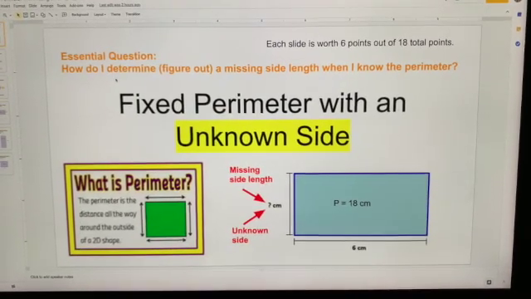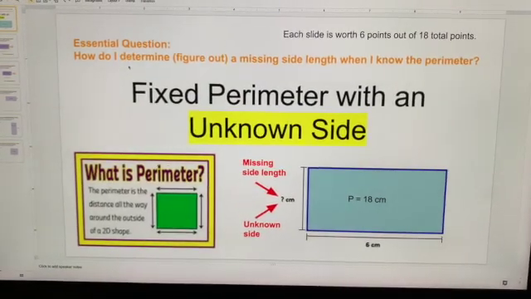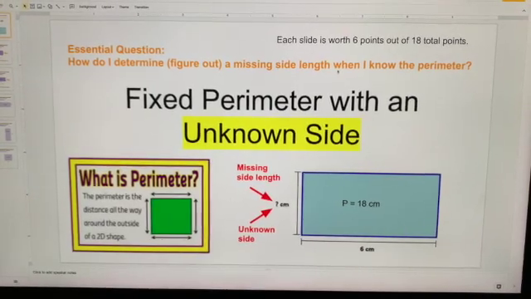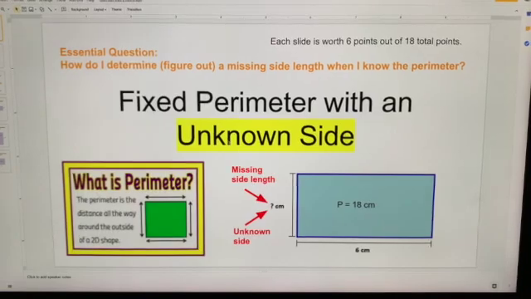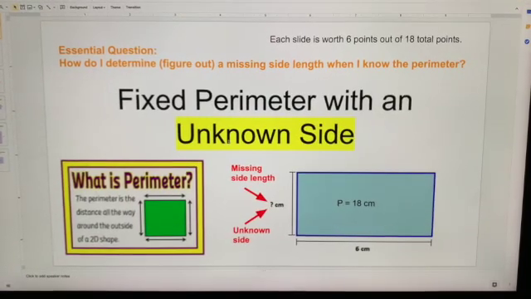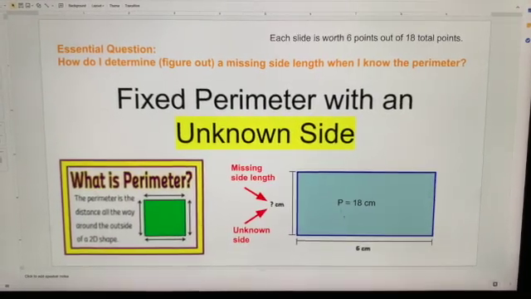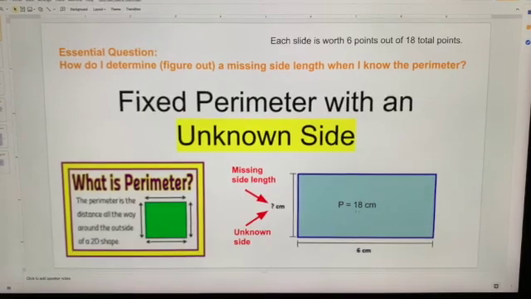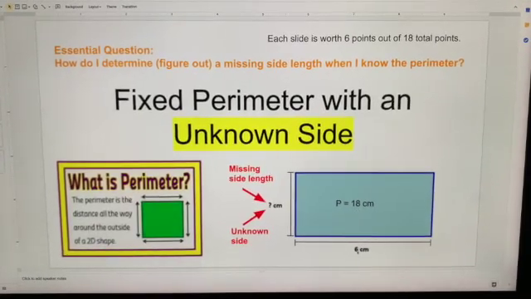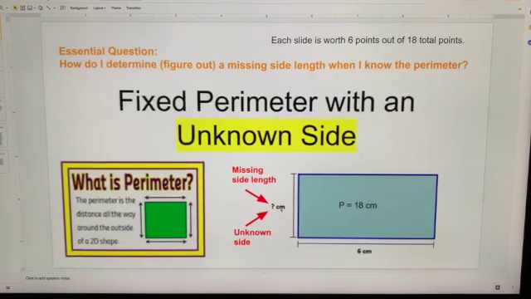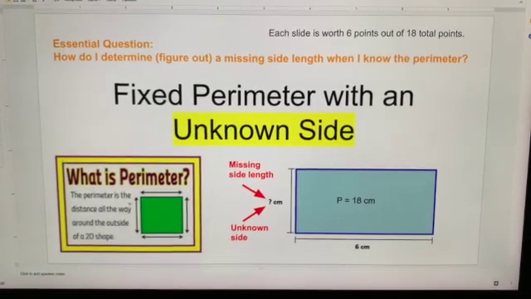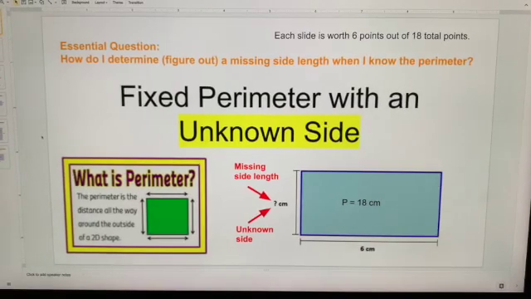You have your essential question: How do I determine or figure out a missing side length when I know the perimeter? We're working with fixed perimeter with an unknown side. That's super important. And then I put a little visual here. When we know the perimeter and we know one of the sides, we can always figure out the missing side. And then that is your definition for perimeter from last week.